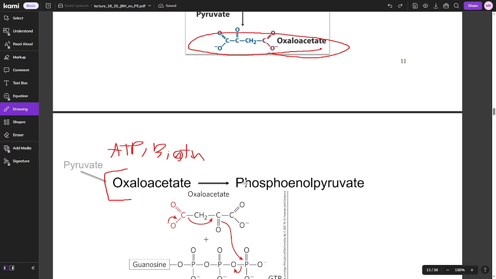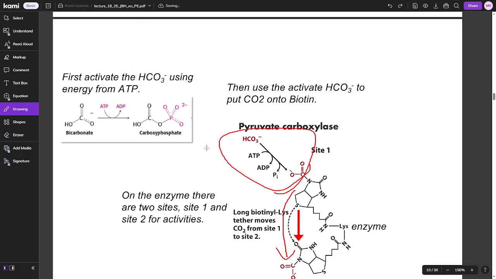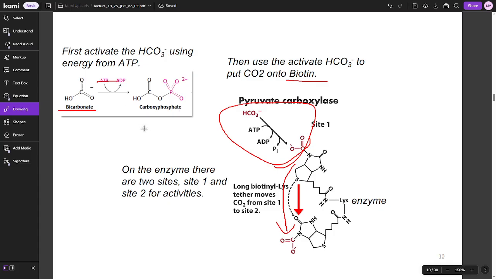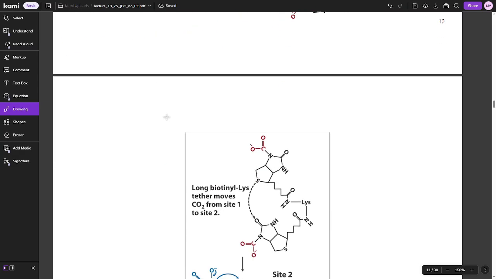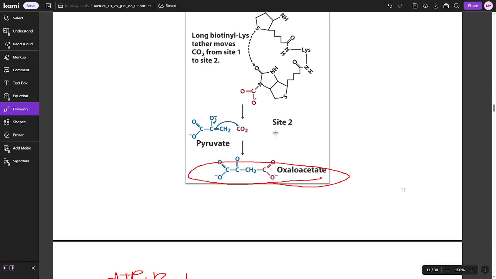So basically, the main gist here is that in step 1 with pyruvate carboxylase, we're using ATP, bicarb, and biotin to add this CO2 group on to the biotin, and that biotin acts as a swinging arm.